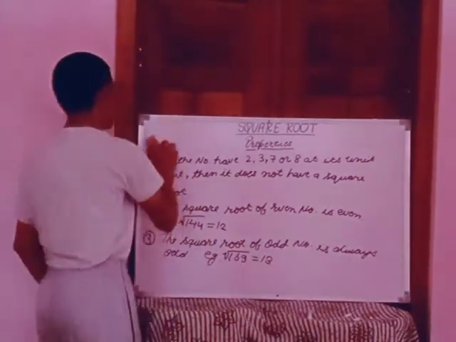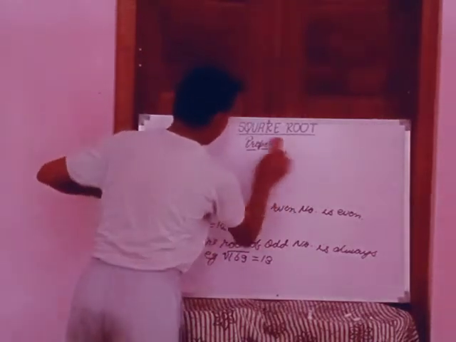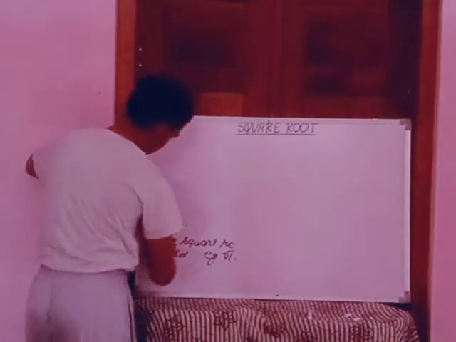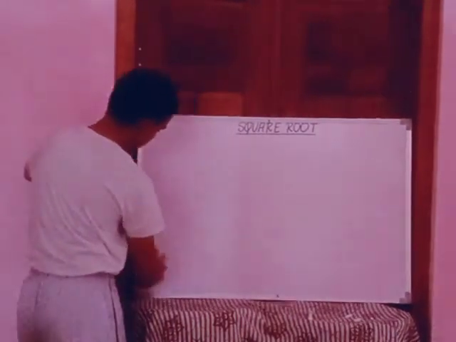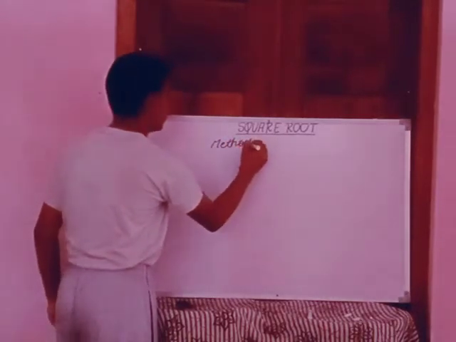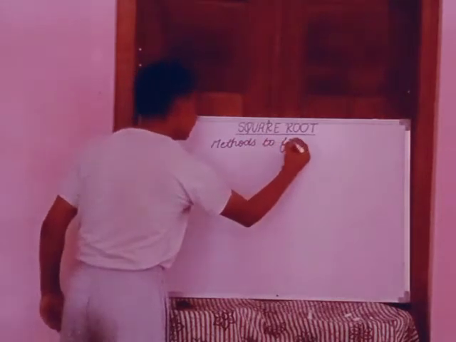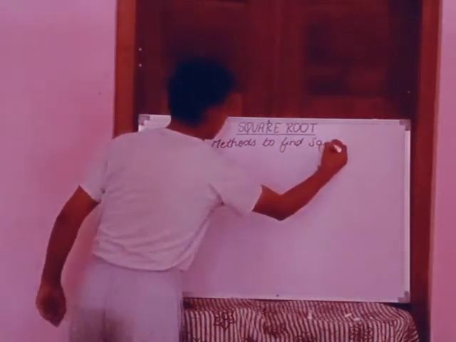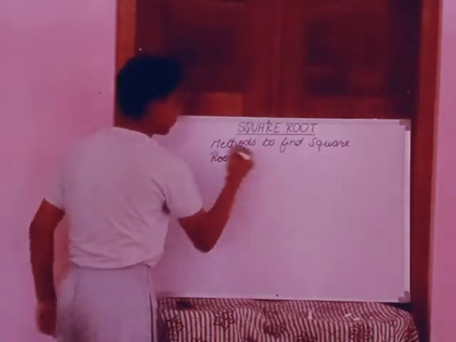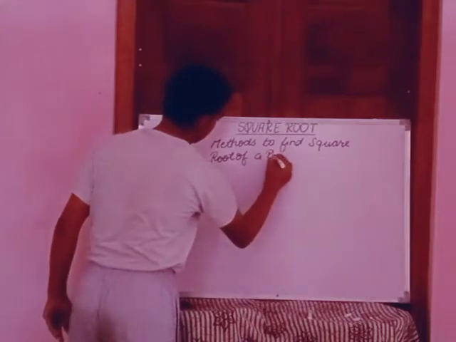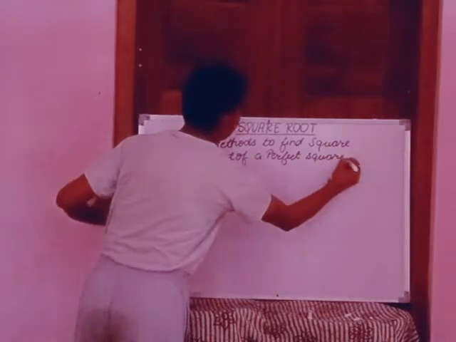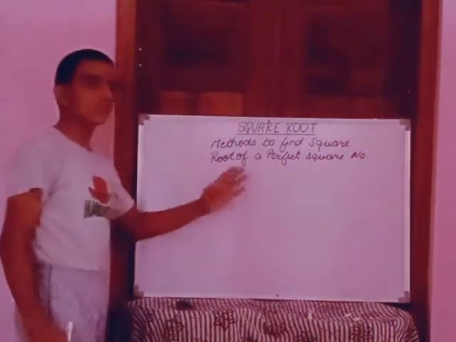Now let's move to the methods to find the square root of a perfect square number. There are two methods to find them.